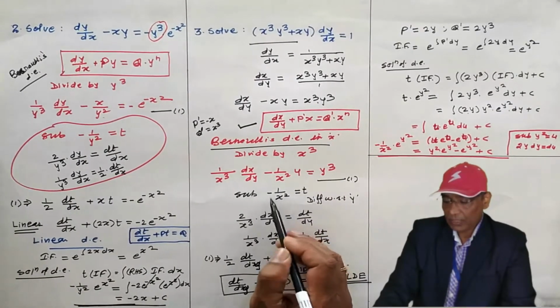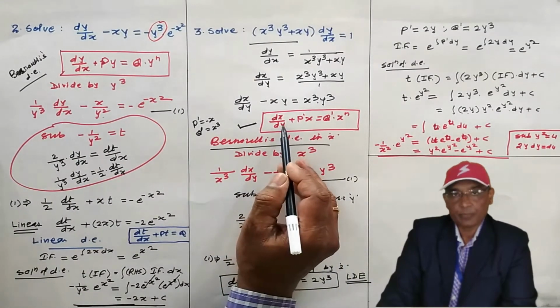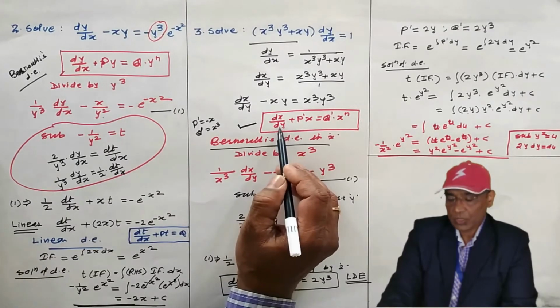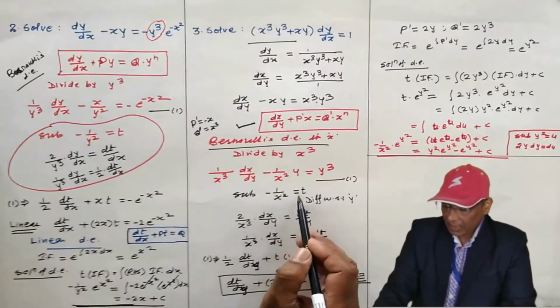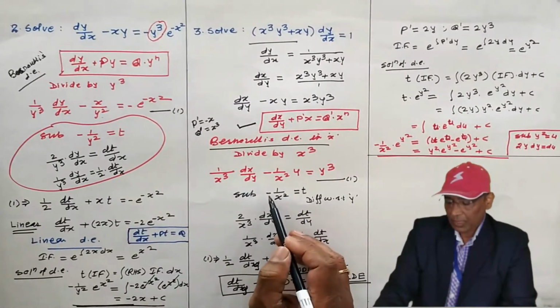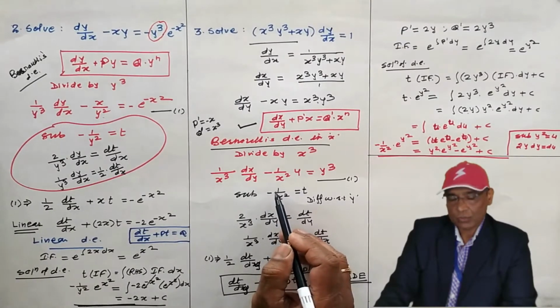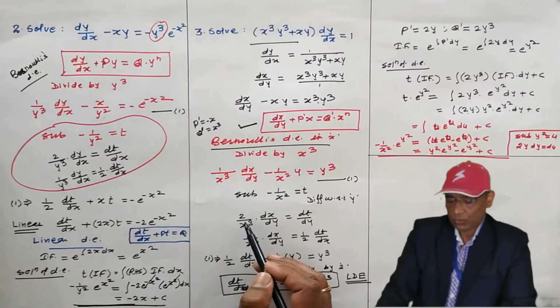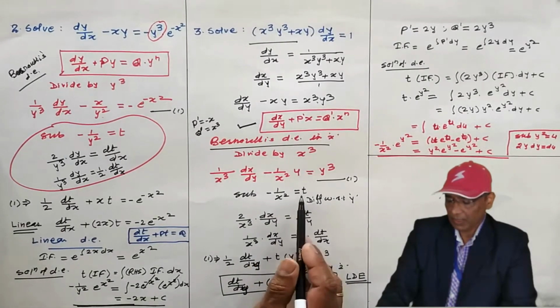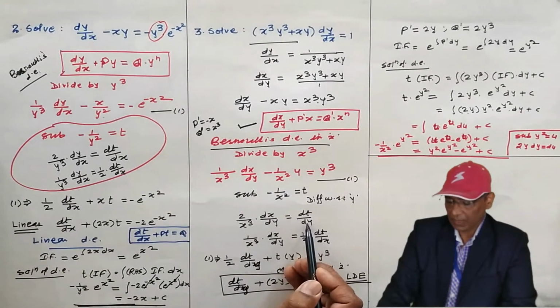Then take derivative with respect to y. Remember, all derivatives and integration must be carried out with respect to y because y appears in the denominator of the differential coefficient. Derivative of minus x to the power minus 2 is 2 x to the power minus 3 dx by dy. Derivative of t with respect to y is dt by dy.